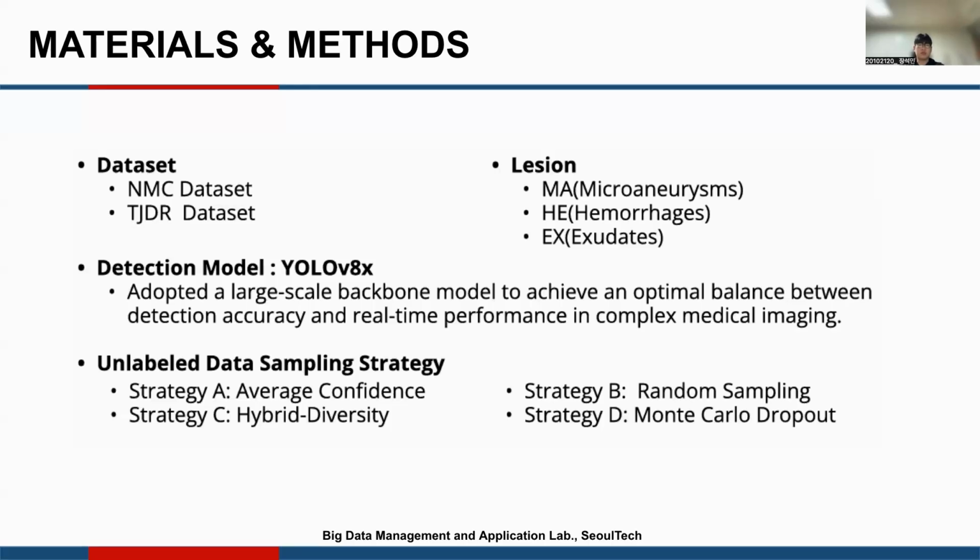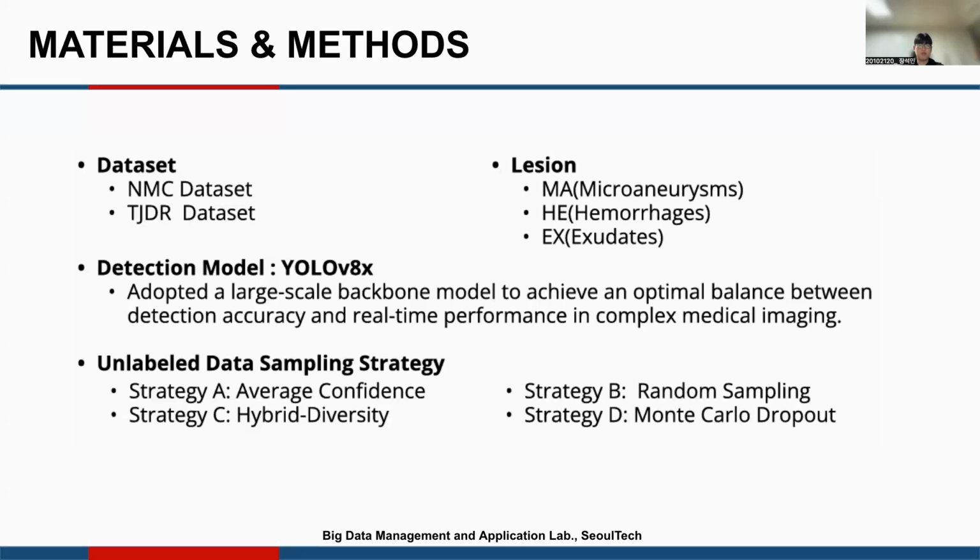This was used for initial model training. We focused on detecting three types of DR lesions: microaneurysms, hemorrhages, exudate. For object detection, we used YOLO version 8X, the most complex model in the YOLO family, selected for its ability to detect small pixel-level lesions, such as those seen in DR.